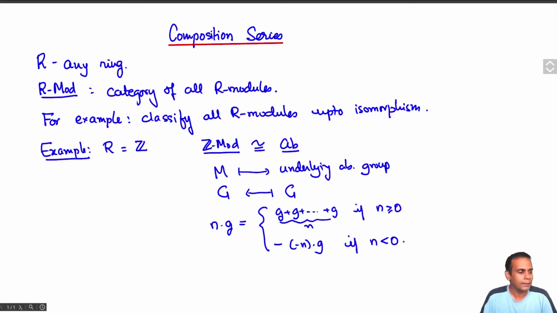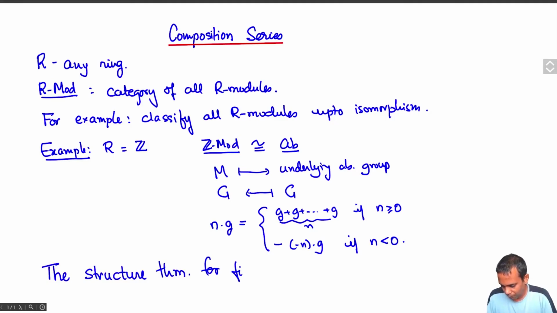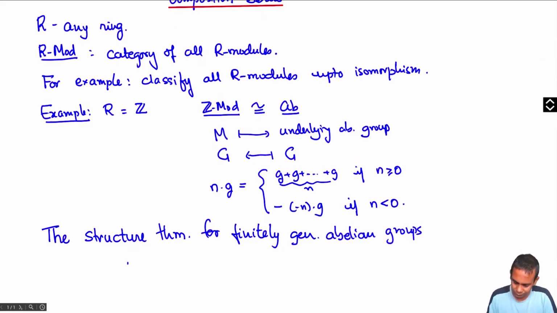And in Algebra 1, we have seen a structure theorem for finitely generated abelian groups. So what this does is, this gives a classification of finitely generated Z-modules up to isomorphism.